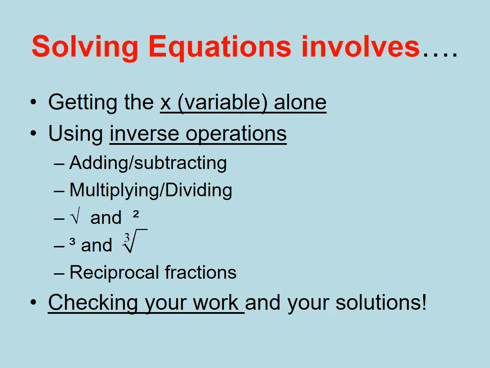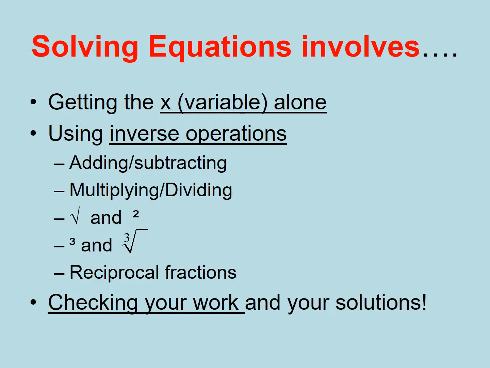So some things that we have to know when we're solving equations: we have to remember to get that variable, or in our examples today, the x, alone, and remember our inverse operations, like what undoes something when we're solving. Adding and subtracting undo each other, multiplying and dividing undo each other, square rooting and squaring undo each other, cubing and cube rooting undo each other.